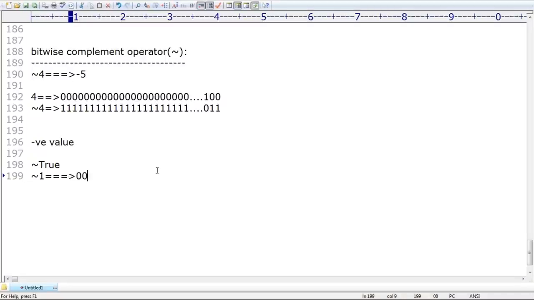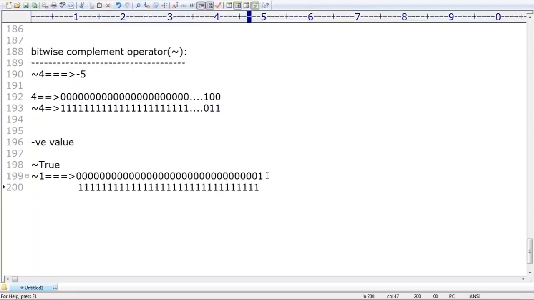Once again, 0, 0, 0, 0, 0, 0, 0, 1. Next, apply the bitwise complement operator. Then automatically it will become 1, 1, 1, 1, 1, 1, 1, and the last one is 0. Next, the most significant bit is 1, that's why the remaining bits are going to be represented in 2's complement form.